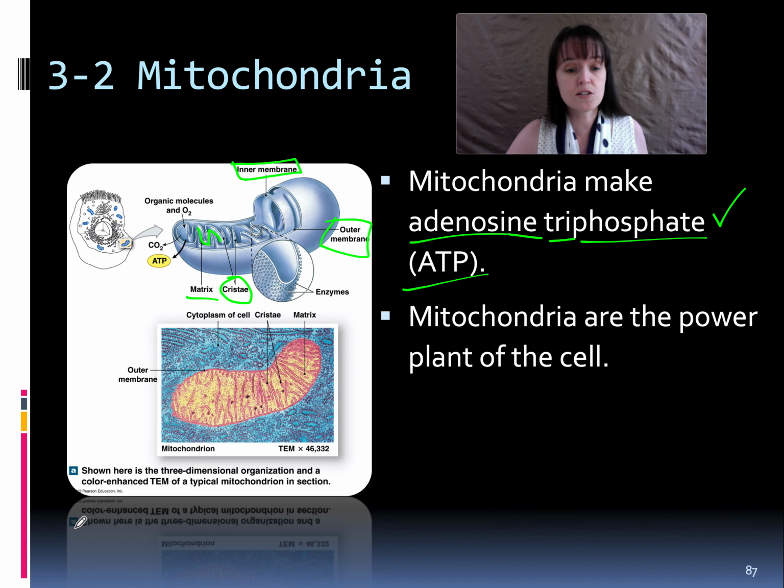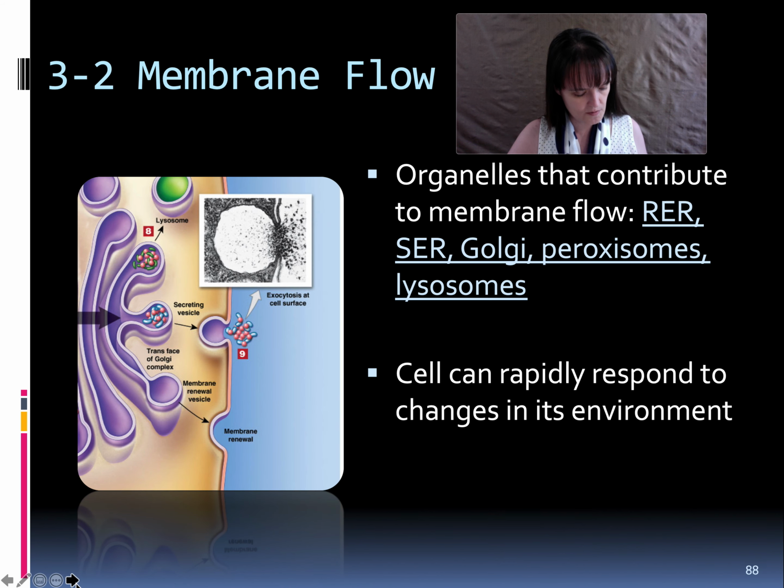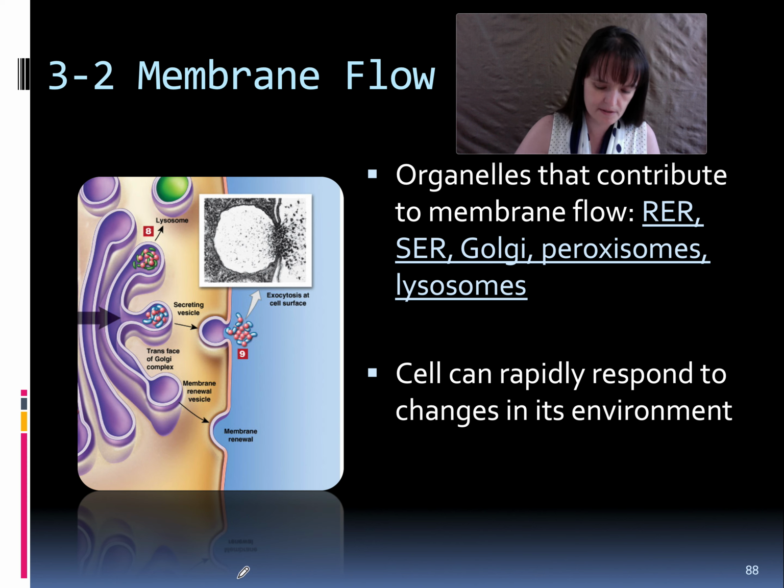Okay, so now let's talk about membrane flow, and then we will cover the nucleus by itself in the next video. So we'll go part way through this page. Membrane flow.